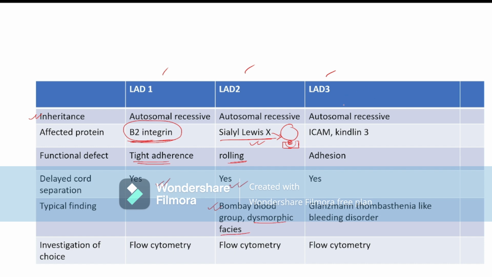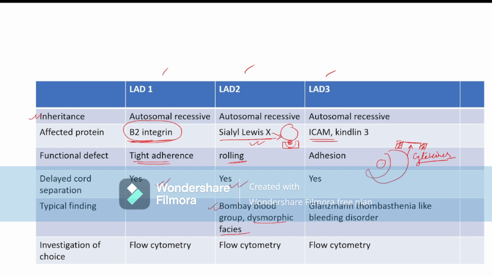In LAD3, there is a problem in the ICAM. What do you mean by ICAM? ICAM is a protein which is present on the endothelial surface, and it is stimulated by the cytokines released after the attachment of viruses with the macrophages.